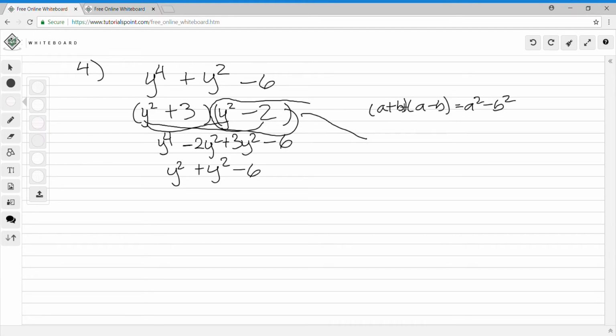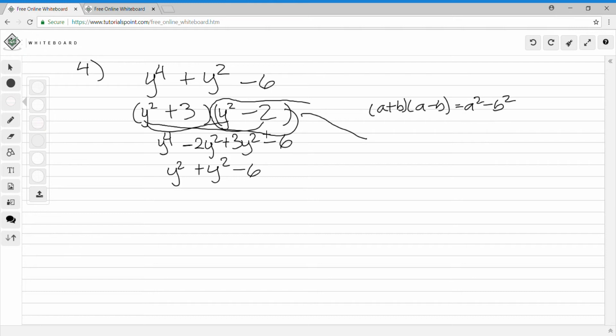If you don't remember these rules, I have all the rules on college algebra on the playlist. It'll be like factoring polynomials, and then it has all these rules.